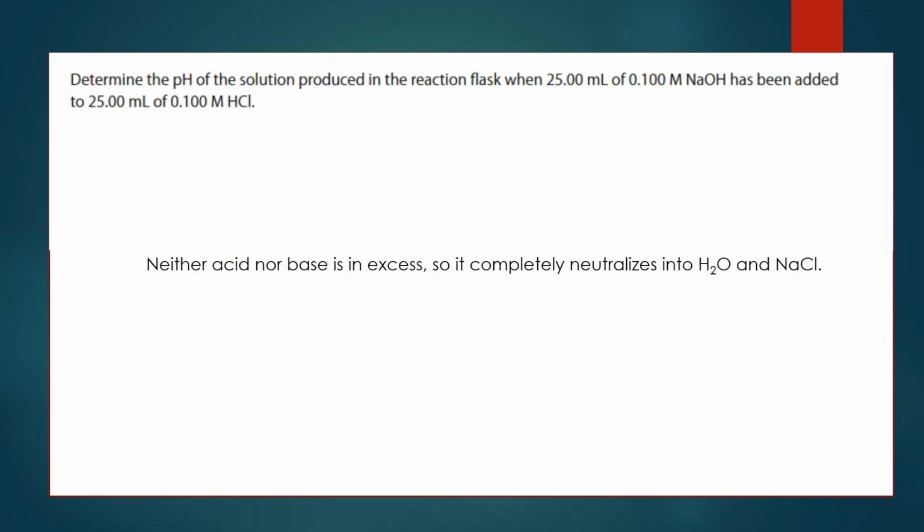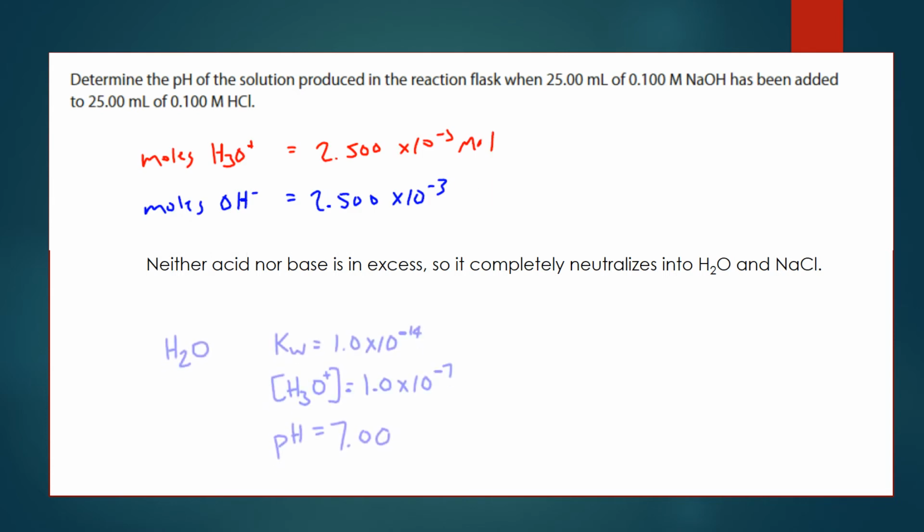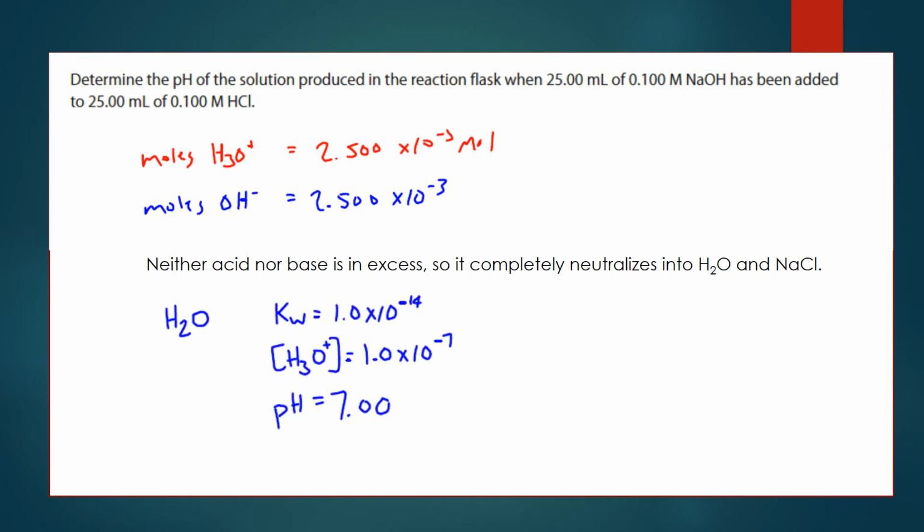Here's another type of question. It says determine the pH of a solution produced in the reaction flask when 25 mL of 0.1 molar sodium hydroxide has been added to 25 milliliters of 0.1 molar hydrochloric acid. When we do our moles of hydronium and moles of hydroxide calculation, this time we find that both of them are equal. Neither acid nor base is in excess, so it completely neutralizes.